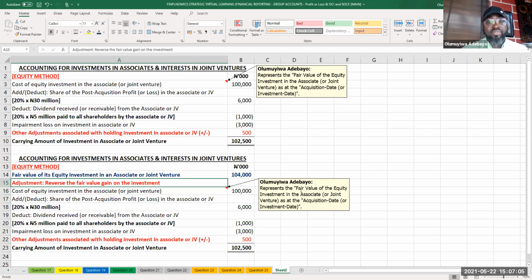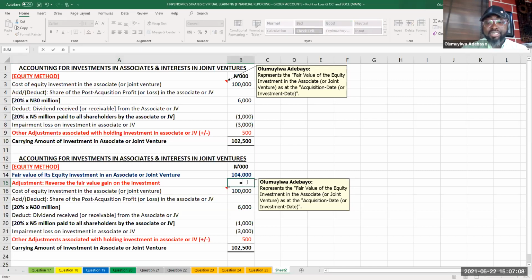I must do that. And what is fair value gain? The difference between the 100 million that was the original fair value, which is the cost, and the new fair value, which is 104, which means I must take away this difference between 104 and 100, which was the initial cost. And that is how doing so would bring me back to this.